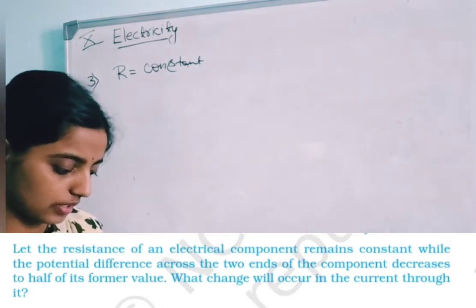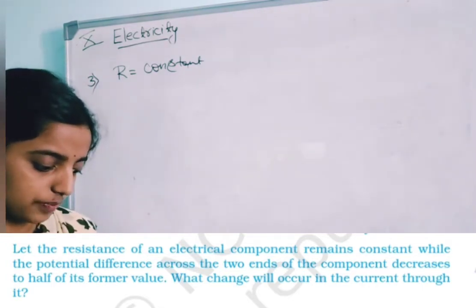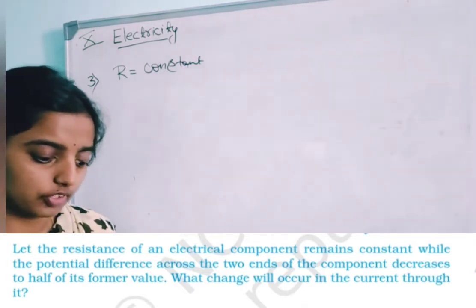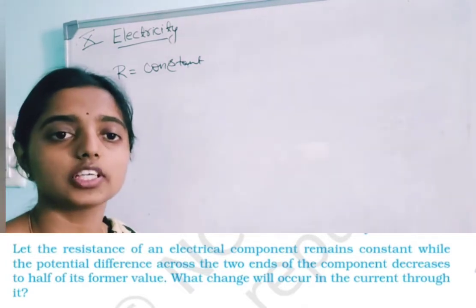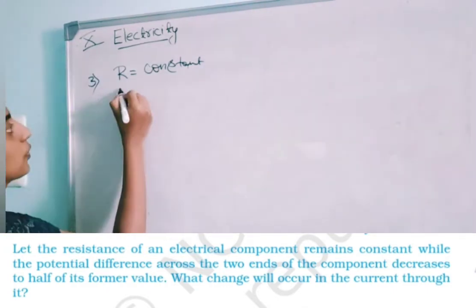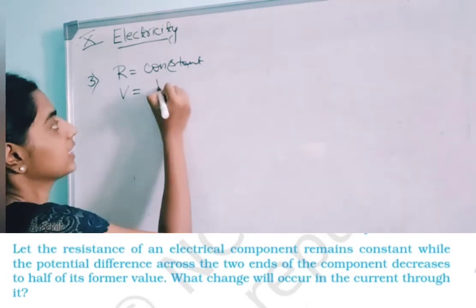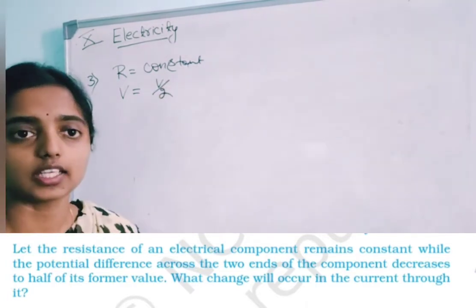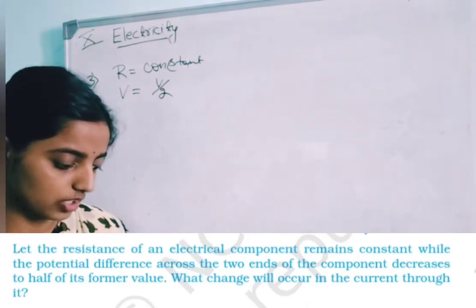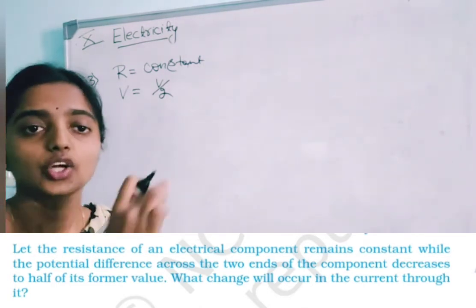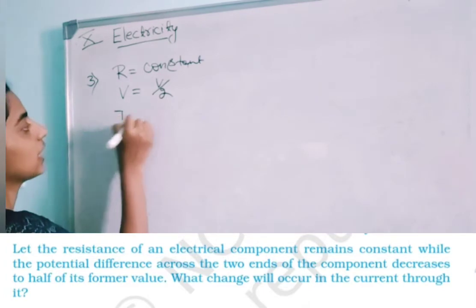They have mentioned that the potential difference across two ends of the component decreases. That means the potential difference will become half. So, potential difference, which is denoted by V, based on the statement we can write as V by 2. Clear? And they are asking us to find the current. What change will occur in the current through it? That means we need to find I.